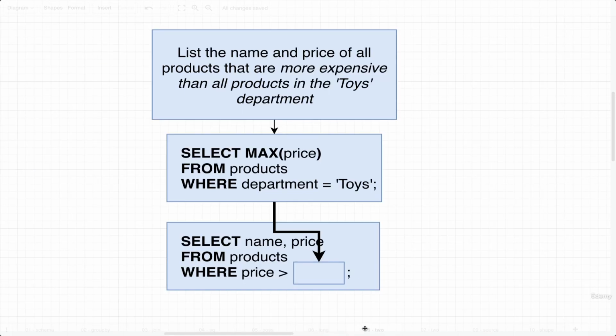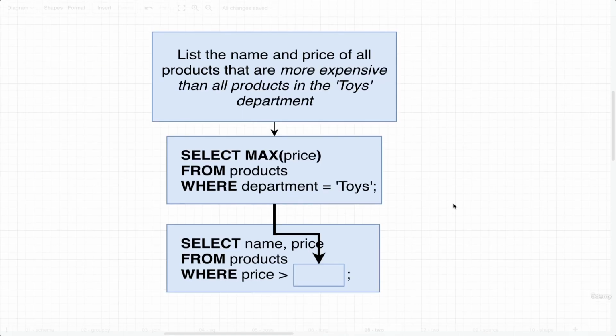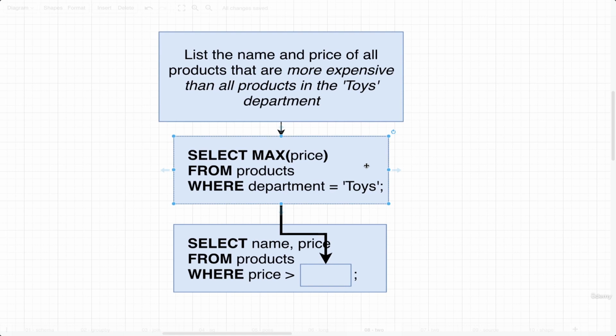Ultimately, we might visualize that in this sort of fashion. We might do an initial query where we try to find the most expensive product in the department of toys. We would then take the result of that query and stick it into a second query, specifically into that spot.